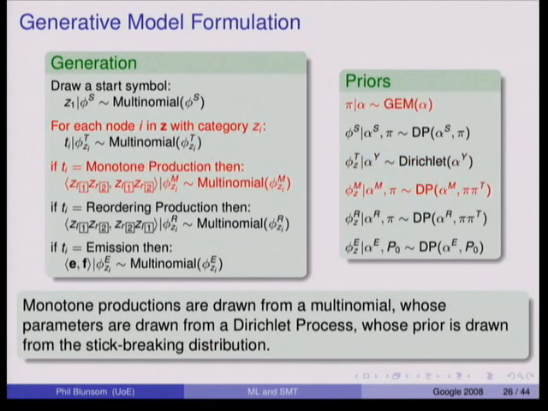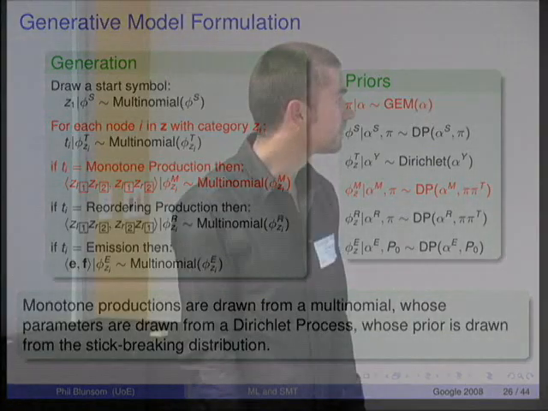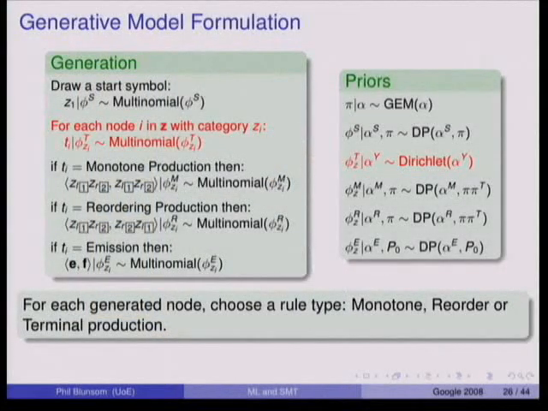So given that we may have drawn a monotone production, and here we see... Sorry, so the type, the phi of sub zi, this is the distribution of the possible types for the parent, for zi, the non-terminal zi. And that comes from a single Dirichlet alpha 1, super y.